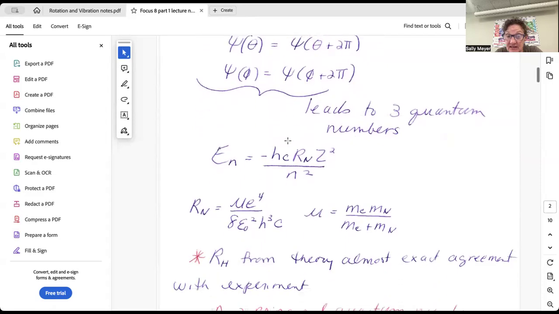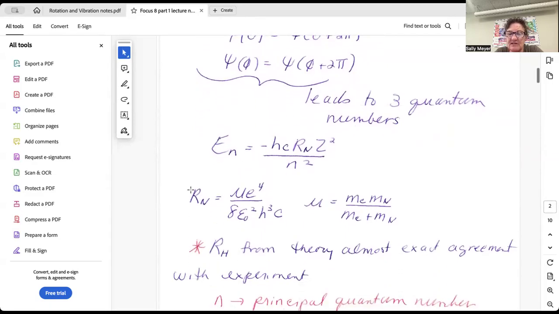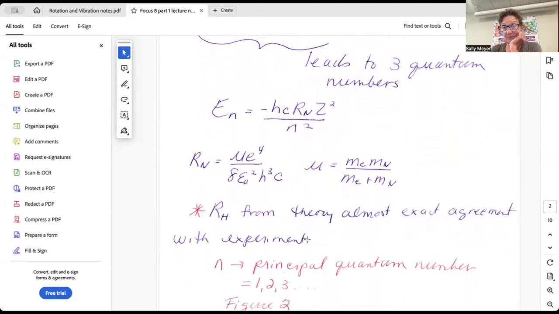Down here, they used theory and were able to determine the RH for hydrogen, just putting in Z equals 1. Just putting in the values to get Rn, and then RH is Rn times Z squared by definition. But it's very exciting that they matched almost perfectly. That said that quantum mechanics must be doing something right if it's matching the experiment.